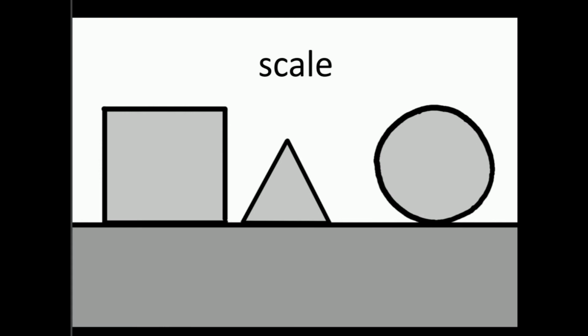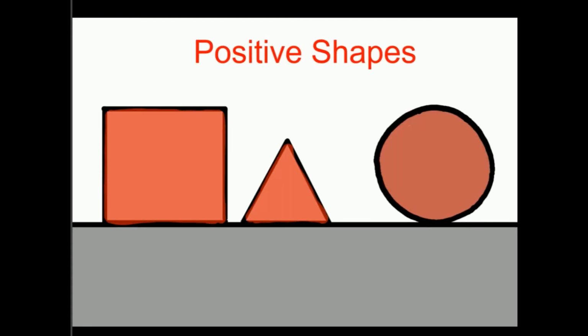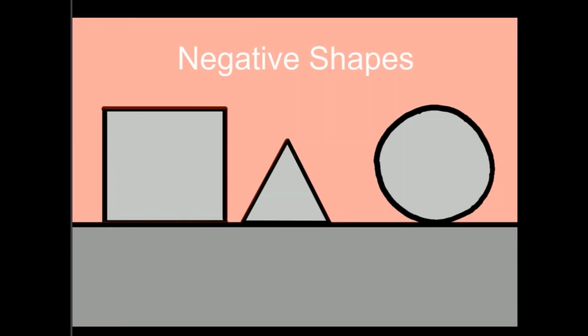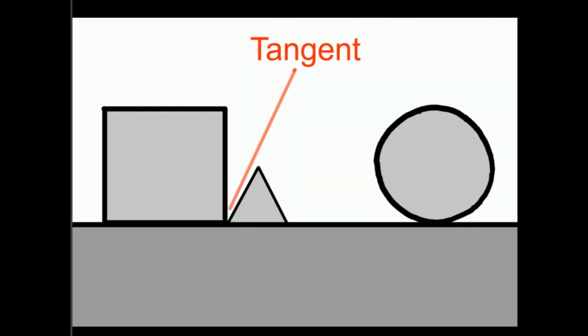You see how the triangle went back? There's your positive shapes, and this is your negative shape, which is between or around the positive shapes. But as we push that triangle back, it's physically touching the square.